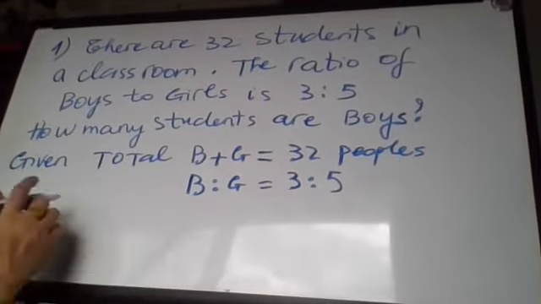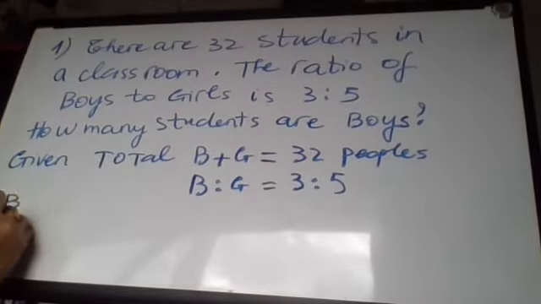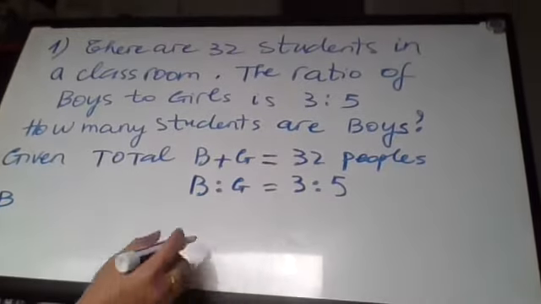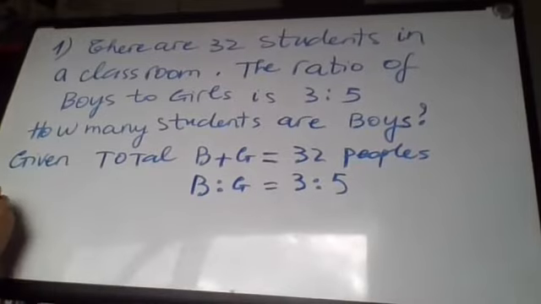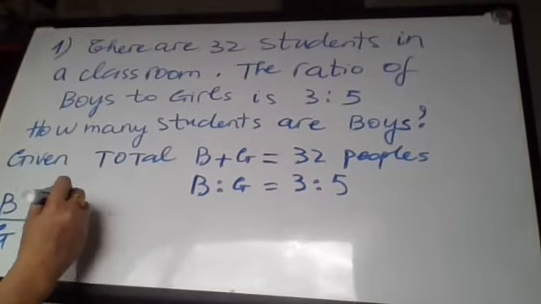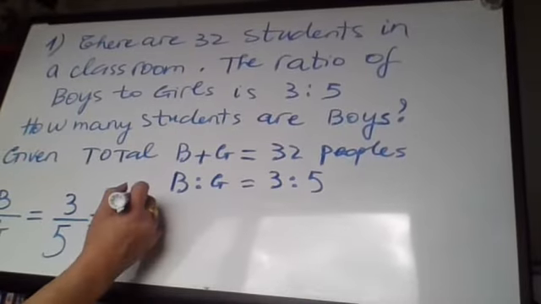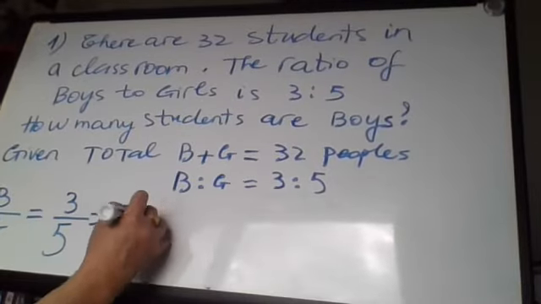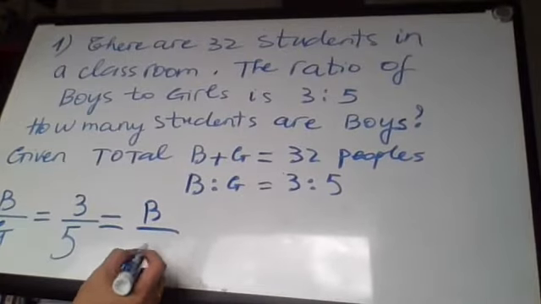When we set up the fraction, the question asks for the amount of boys. So we can say boy over girl will be equal to 3 over 5, will be equal to B over another number.